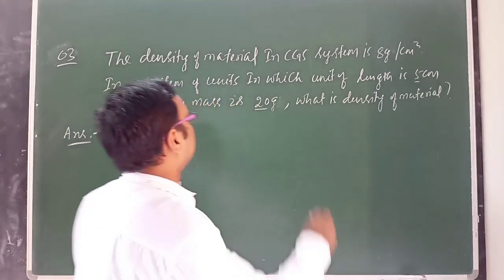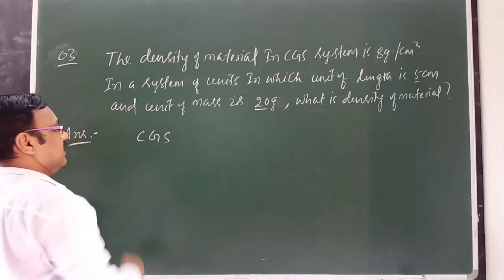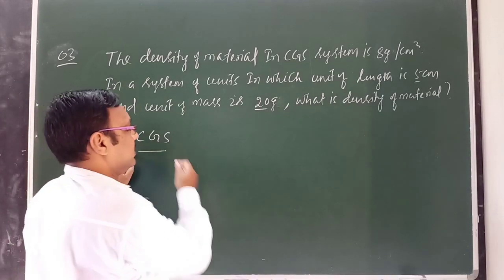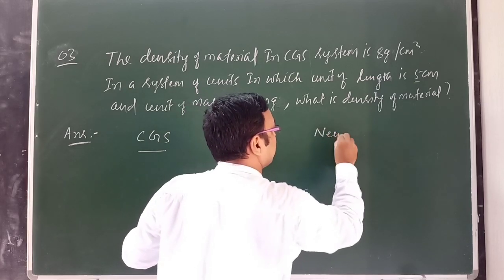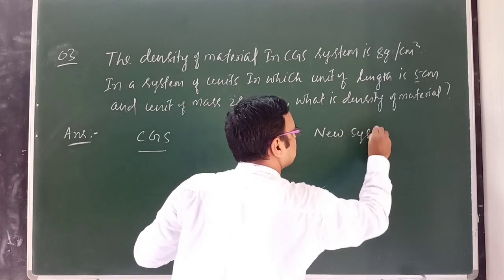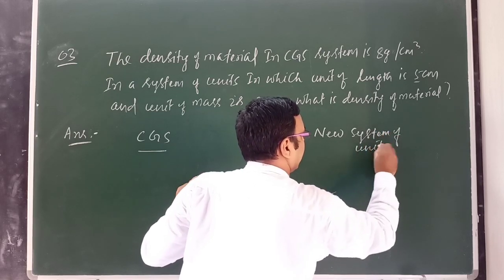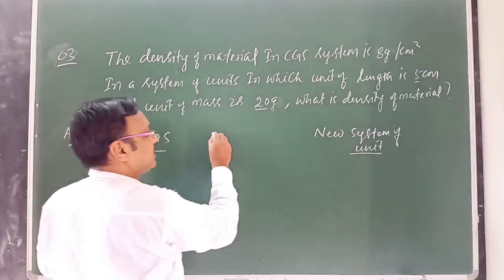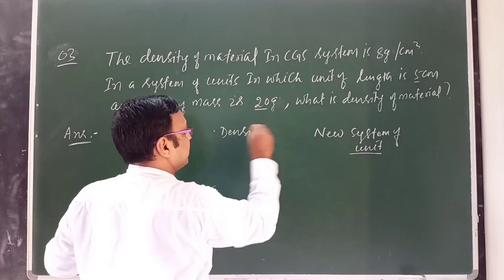First of all I will write here on the left hand side CGS, because the condition is given in CGS system, and on the other side the new system of unit. The physical quantity is density.